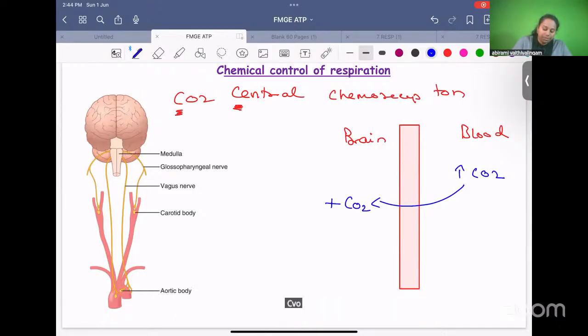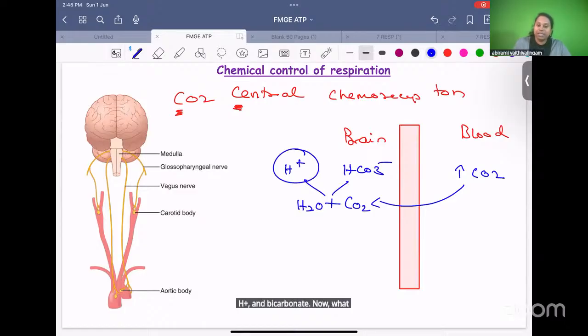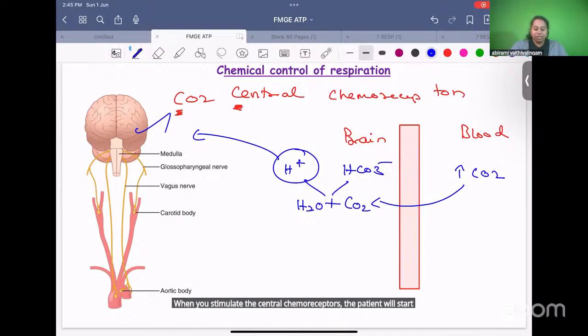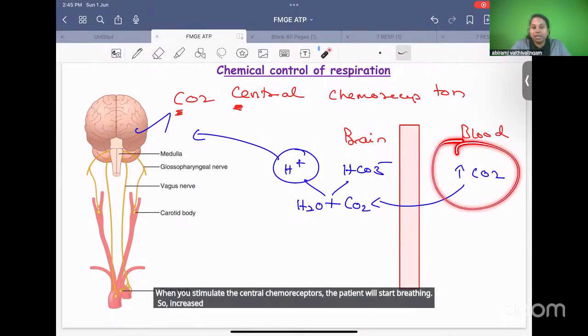CO2 combines with water to form H plus and bicarbonate. The H plus will directly stimulate the central chemoreceptors in the brain. When you stimulate the central chemoreceptors, the patient will start breathing. So increased CO2 itself is a stimulus for breathing.